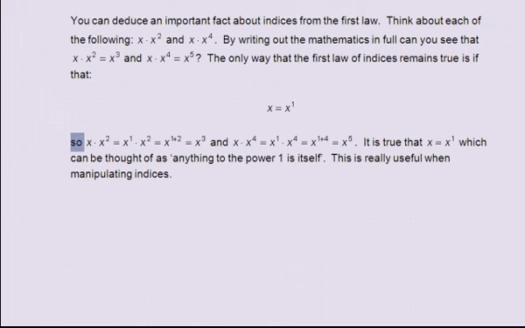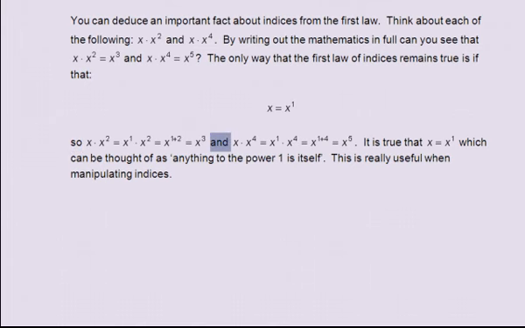So, x times x squared equals x to the power 1 times x squared, which equals, from the first law of indices, x to the power 1 plus 2, which equals x to the power 3, or simply x cubed.